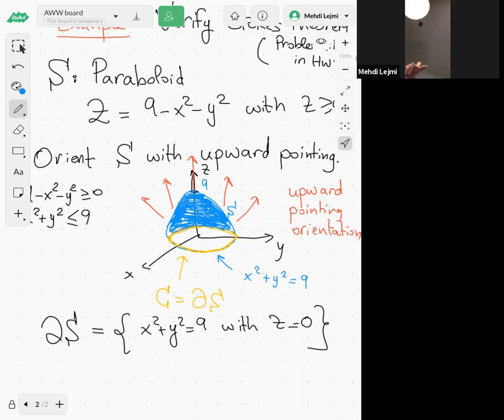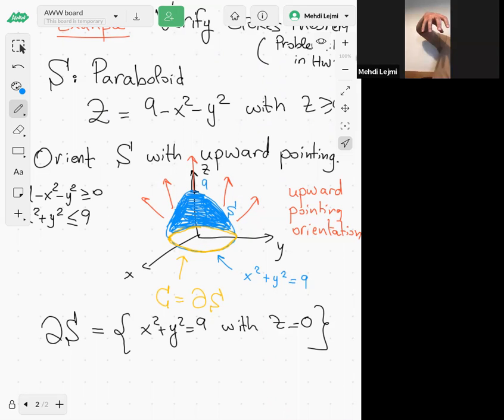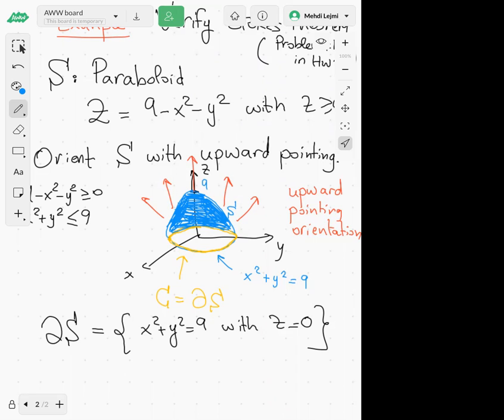I don't know if you see my hand? Yes. Okay, so you see there's this paraboloid here in the top, and the boundary is just the circle here in the bottom, because this is my surface, right? This is my paraboloid, right? So the boundary is just the thing in the bottom.